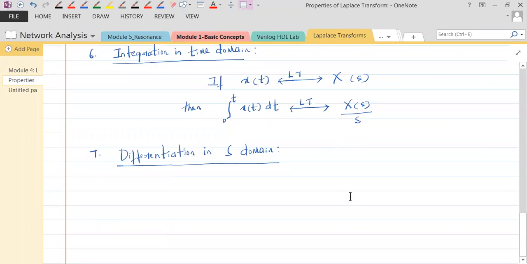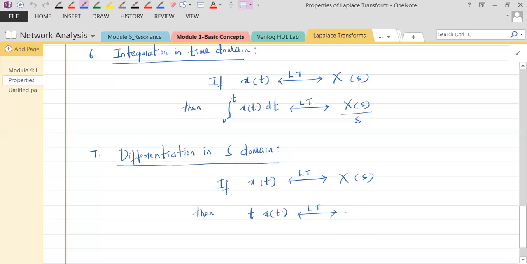Fine. See here now. If you have x of t, and if the Laplace transform of x of t is x of s, then the Laplace transform of t x of t would look like what?